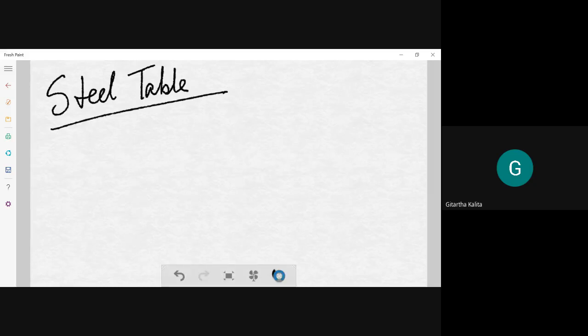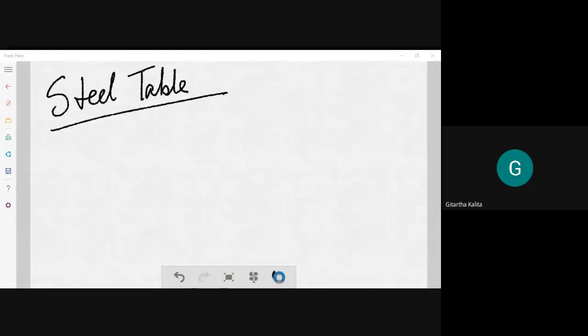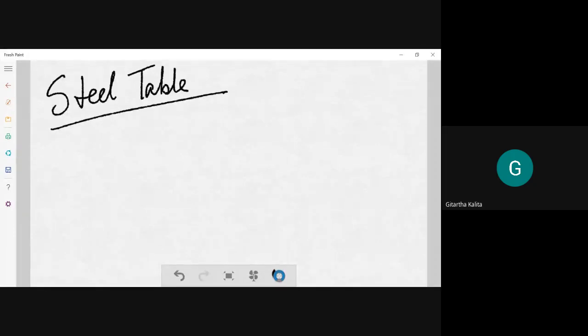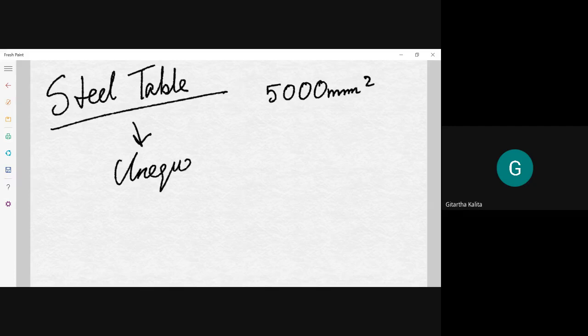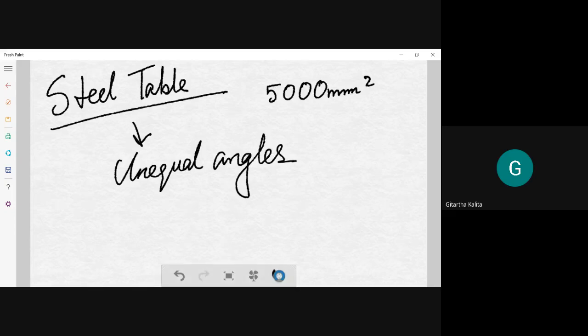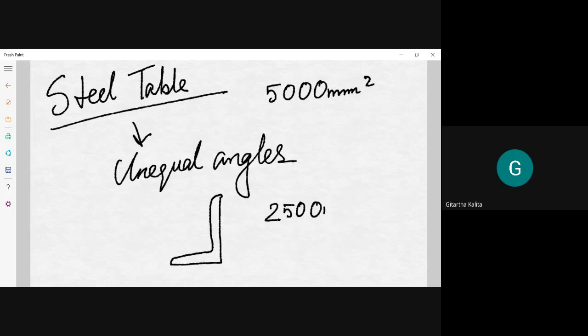Open the steel table. Take one steel table. Since we need an area which is greater than 5000 mm square, you can search for some angle. You open your book steel table and see the content for unequal angles, and consider some angle whose area is greater than 2500 mm square.